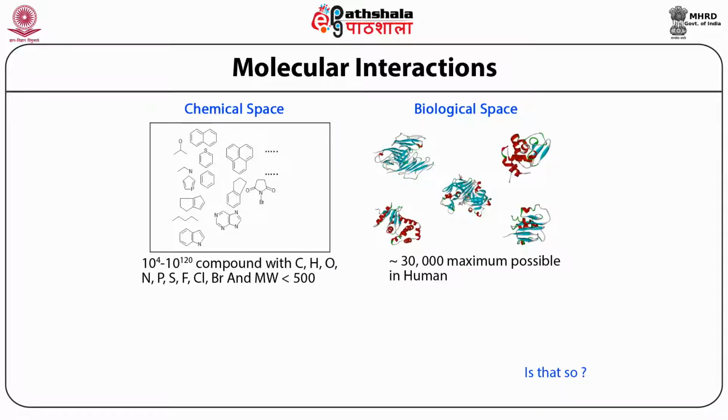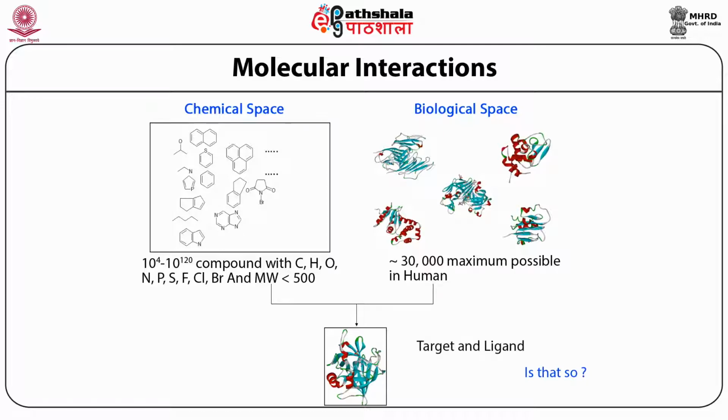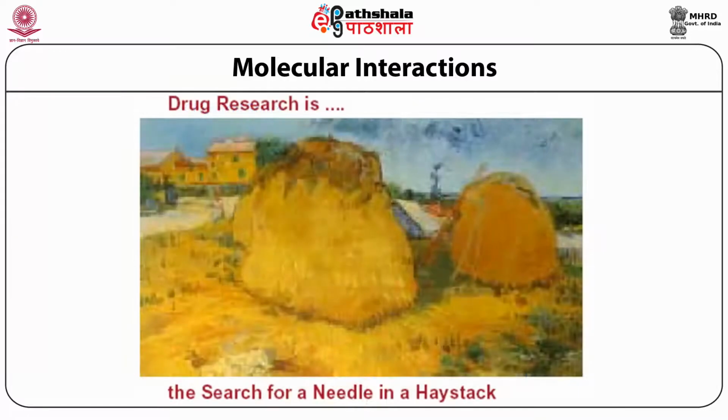However, we still have this bottleneck of how to map the chemical space with the biological space, which is shown in this slide. We can select the biological space, but where is the ligand space? This is cited on the same slide by the very well-known phrase that drug research is a search for a needle in a haystack.